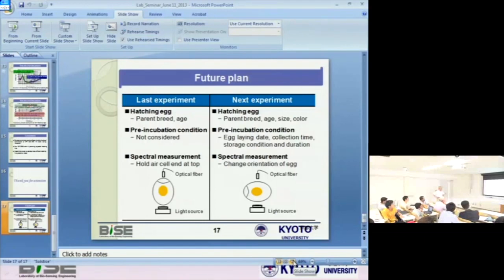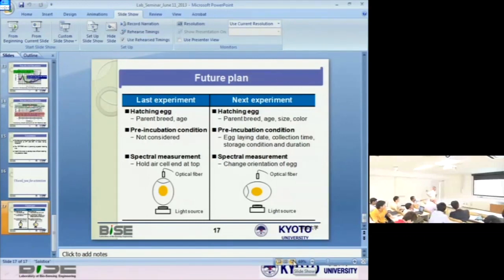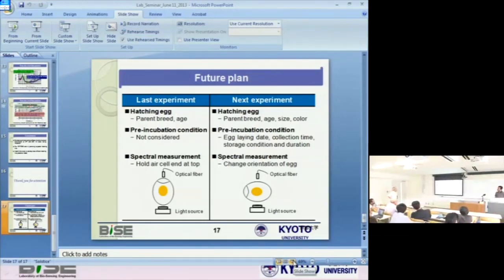How about the distance? You decide to have some distance between your optical fiber and the samples. How do you decide the distance in your next experiment between the optical fiber and the samples?